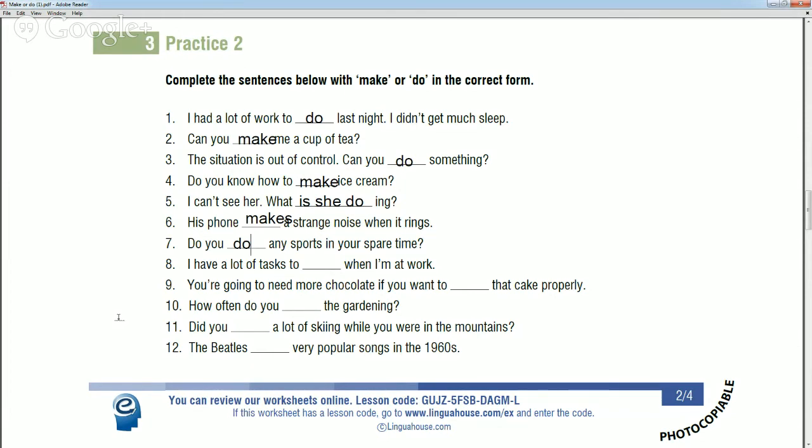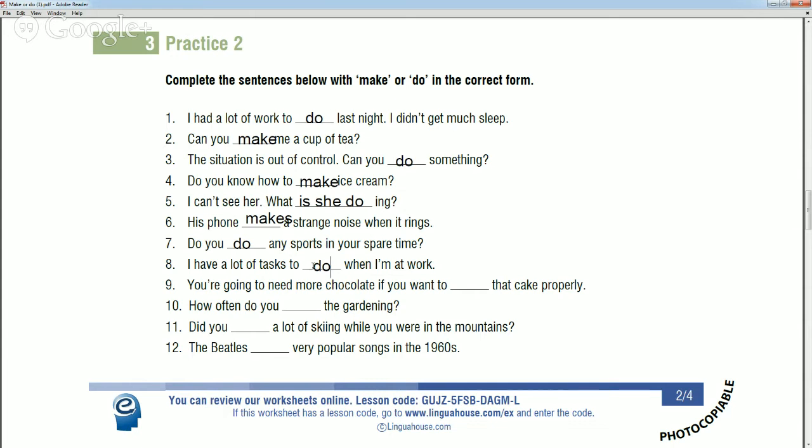Do you like to walk in the countryside or just around the city? In a park, there is a park near. Awesome. All right. Number 8, Perla. I have a lot of tasks to do when I'm at work. Is that true?